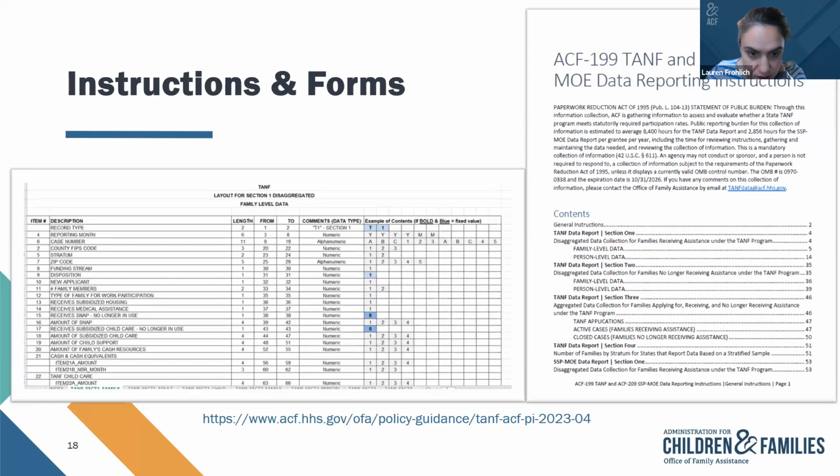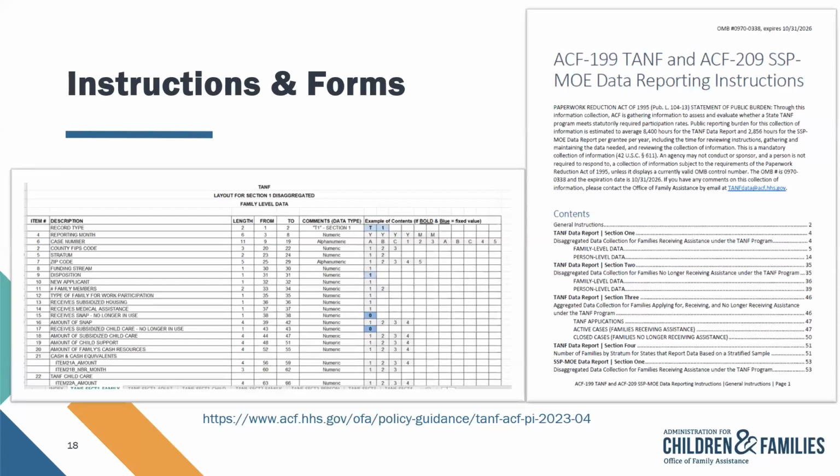Are there other questions from the chat that I'm missing? Lauren, did you get the T4 and T5 question? And someone asked T6. Can you answer? Sure. So T4 and T5 is a reference to the TANF closed section, and there are some changes there as well.